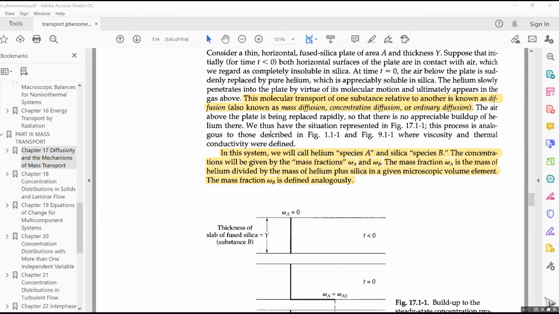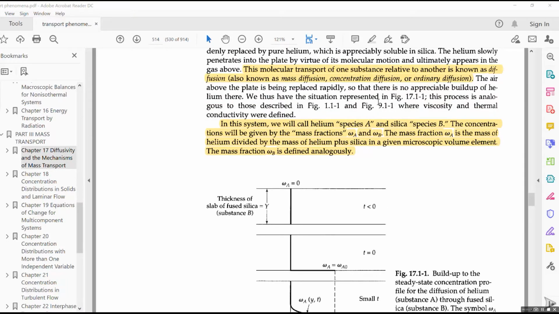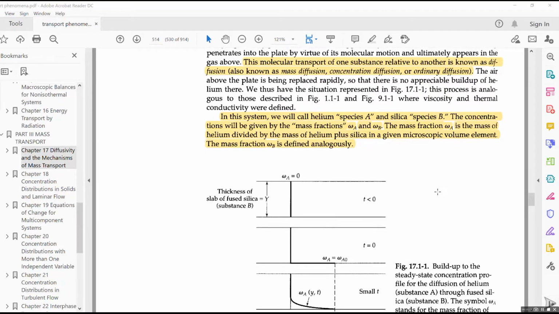So we call this process the diffusion of A, the helium gas, inside of the species of the silica slab. We also call this mass diffusion or concentration diffusion or ordinary diffusion. So it has different names.